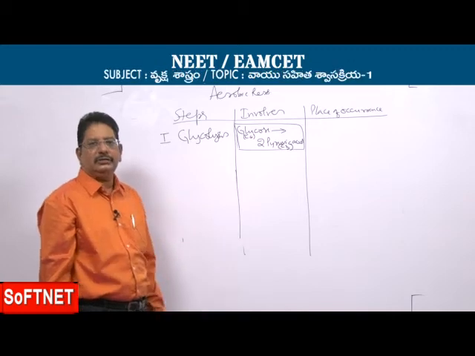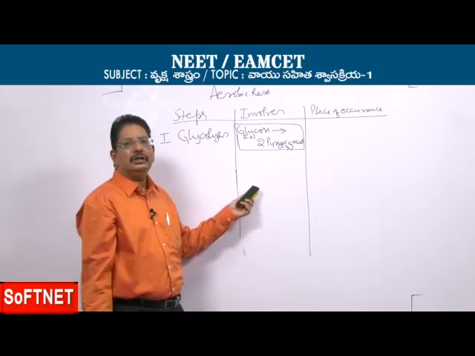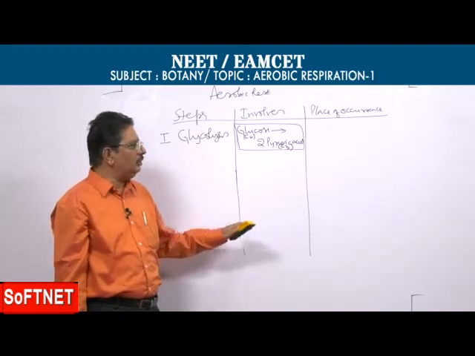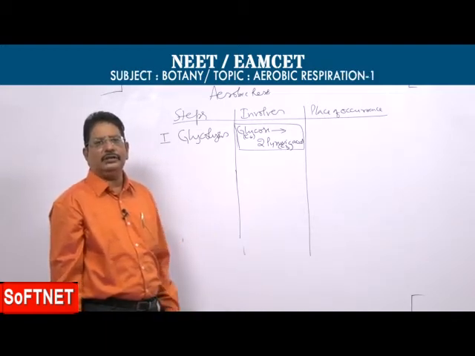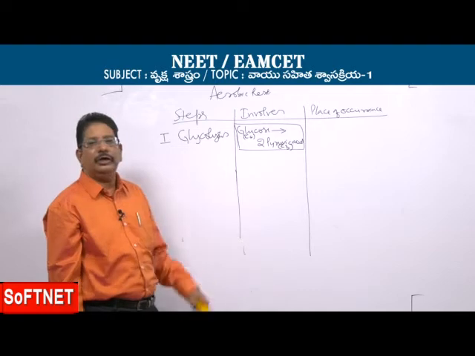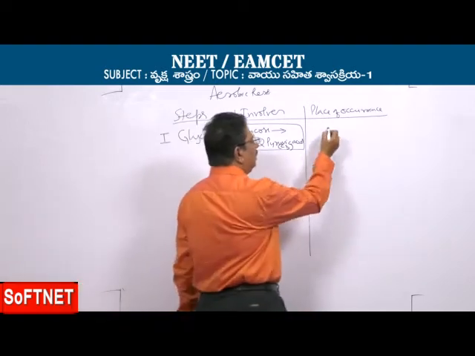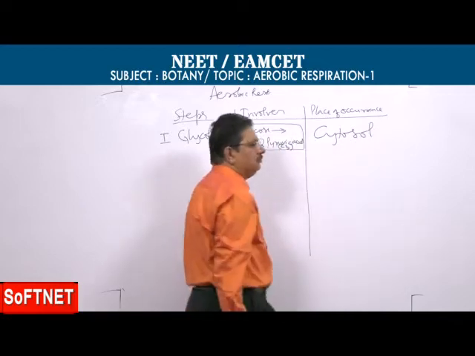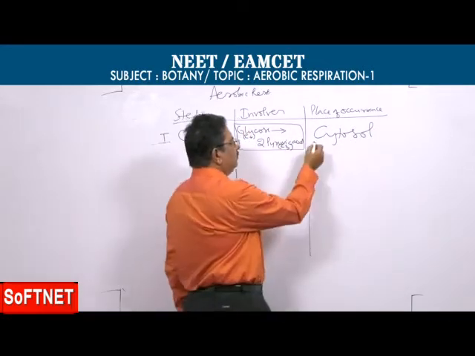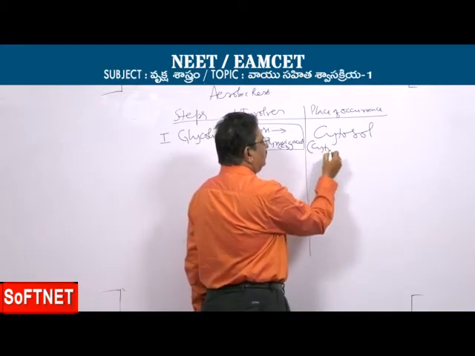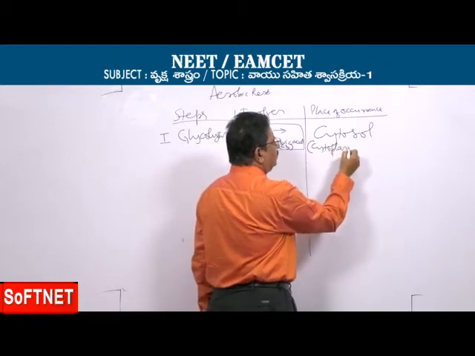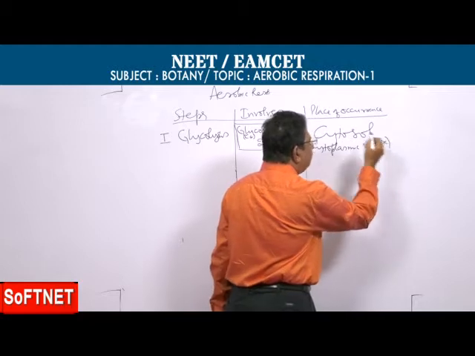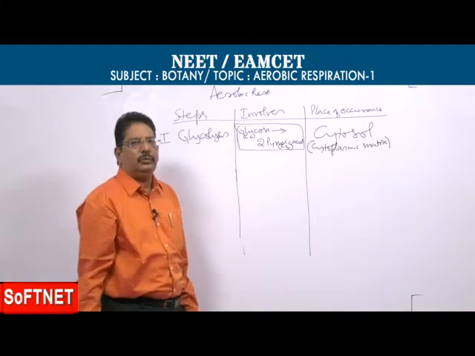Where does it occur? Respiration is a process that usually occurs in a cell, either a eukaryotic cell or a prokaryotic cell. But the first step of aerobic respiration always occurs in the cytosol, otherwise the cytoplasmic matrix, the fluid matrix of cytoplasm.